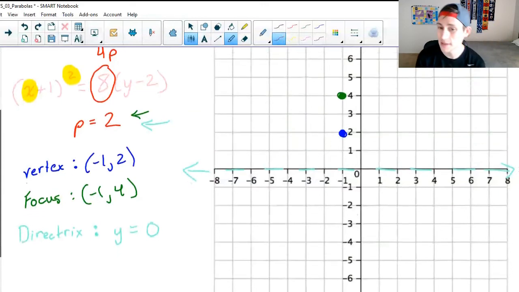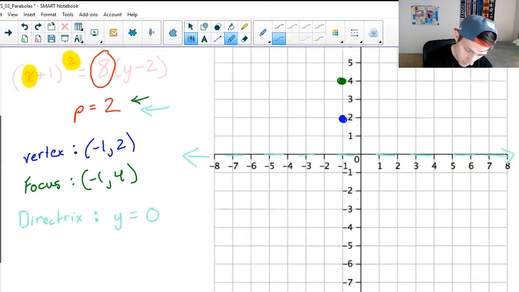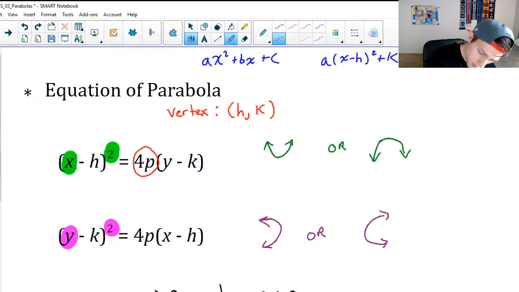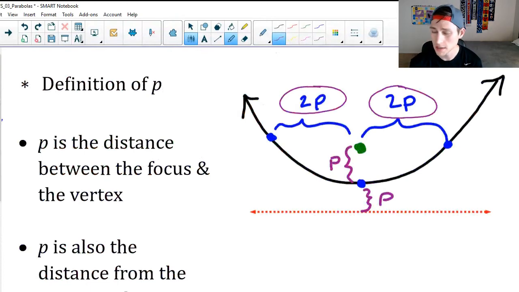All right, then I just need a couple other points that will help me determine the shape. This is your best attempt. You're doing great. This is wonderful. Okay, remember back to our picture. On either side of the focus, if I go 2 times p to the right and 2 times p to the left, that will be where the other 2 points are that I'm going to use.